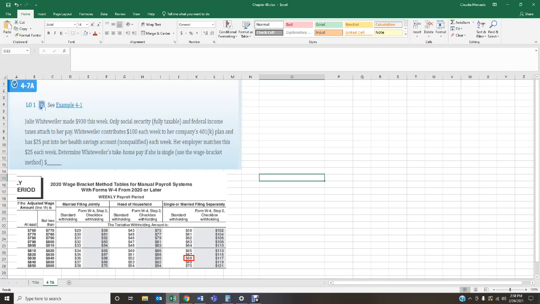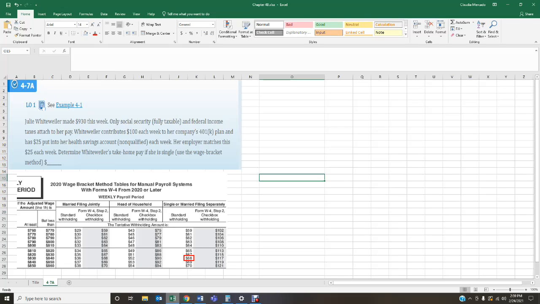Now, the problem that I'm going to cover is problem 4-7, and this problem reads, Julie White-Wheeler made $930 this week. Only Social Security is fully taxable, and federal income taxes are attached to her pay.